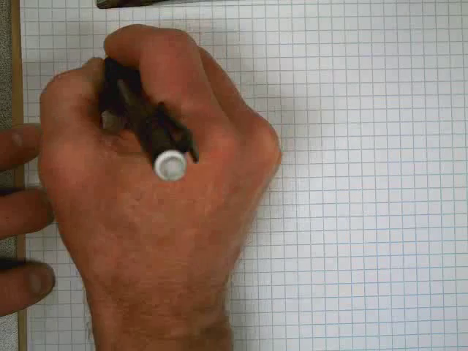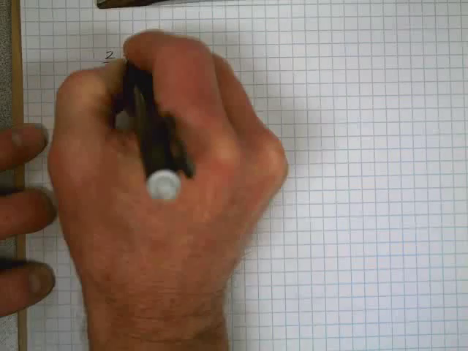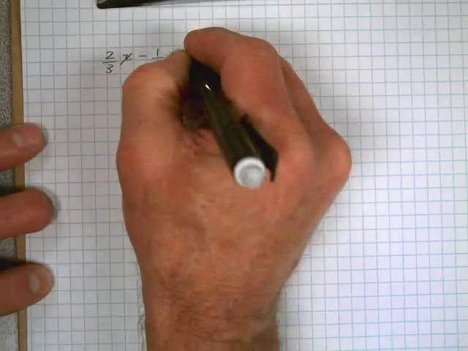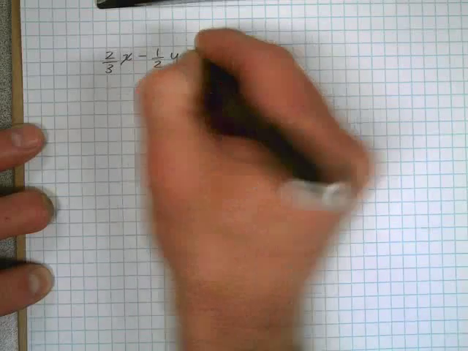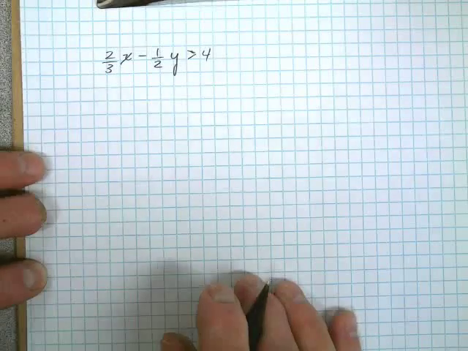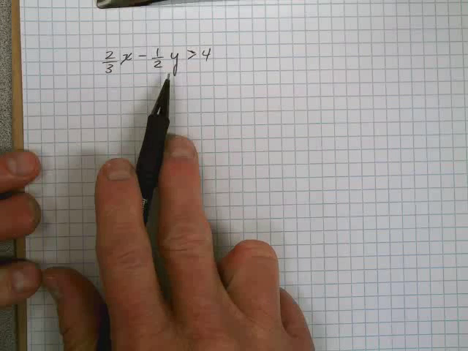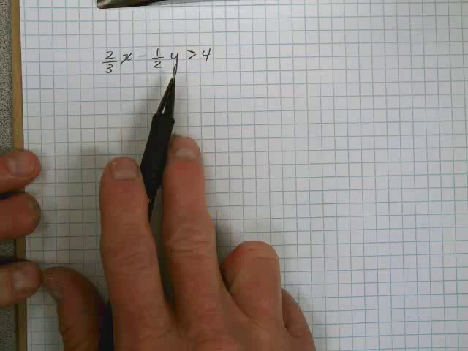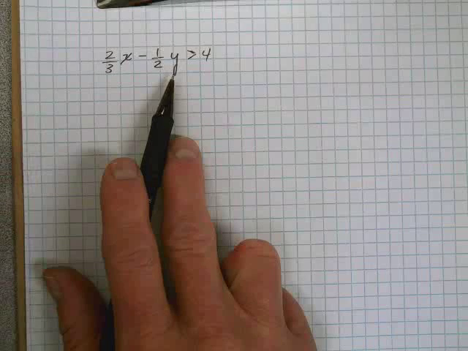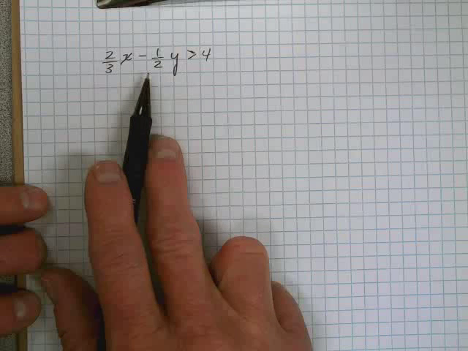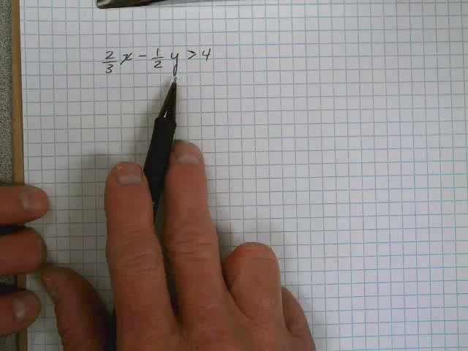So our inequality was 2/3 x minus 1/2 y is greater than 4. We're going to do a series of algebraic steps using our mathematical properties to isolate y and get this inequality in standard form into slope-intercept form.